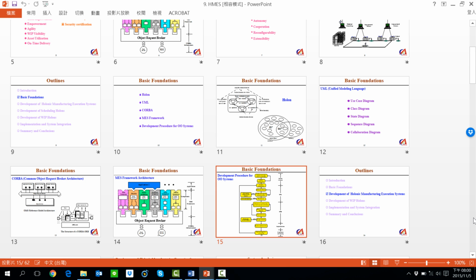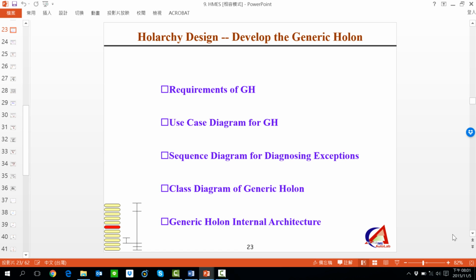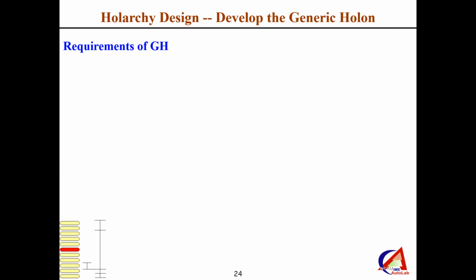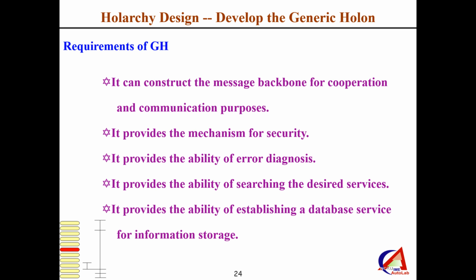I mean, this one is used to design a single object. So you see, to design this genetic holon, because this is a single object, how to design this one? You see, we need to know the requirements of the GH.